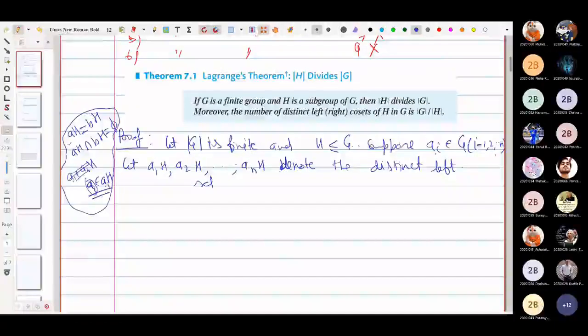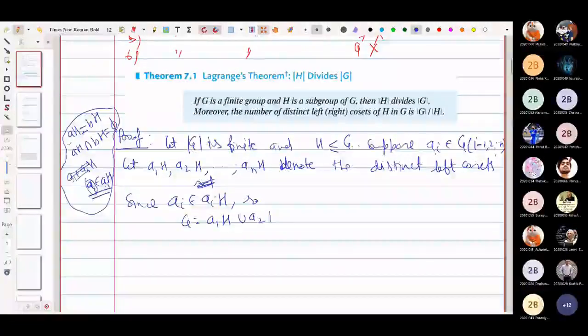So they are distinct left cosets. Okay. So since a_i belongs to a_iH, G equals a_1H union a_2H union dot dot a_nH.